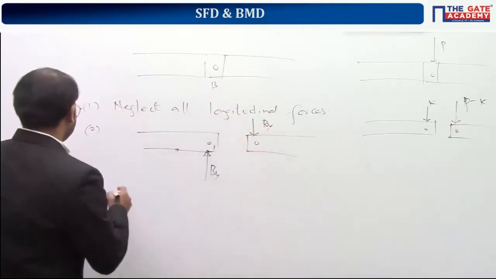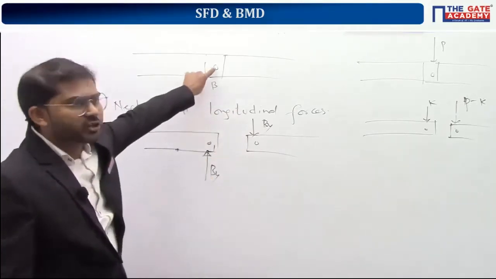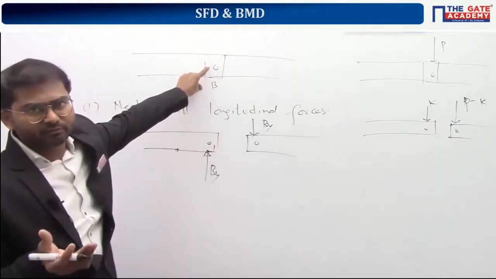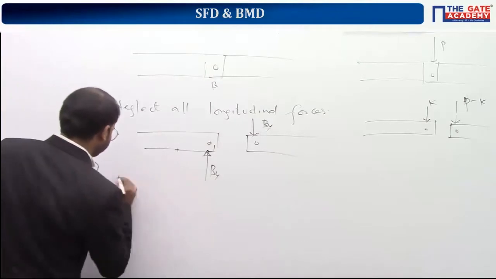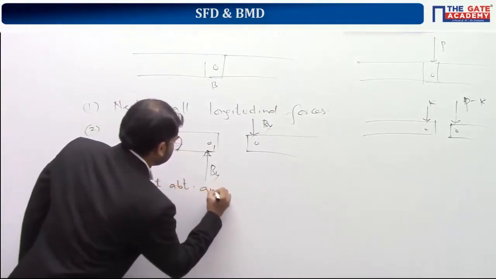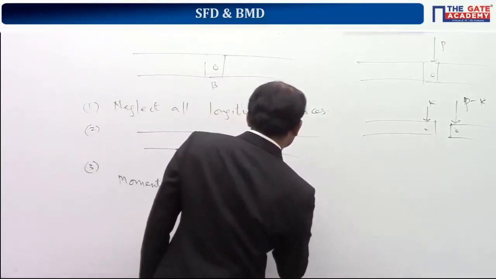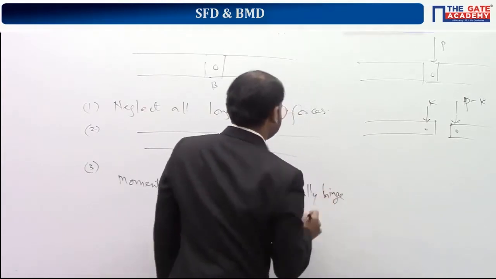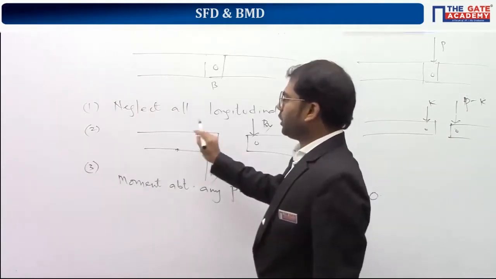Coming to the third and very familiar one: as it is a hinge, the moment about the hinge is always 0. There is no restrictive moment. Anyway, from the equilibrium condition also we can say that. So the moment about the hinge is equal to 0.